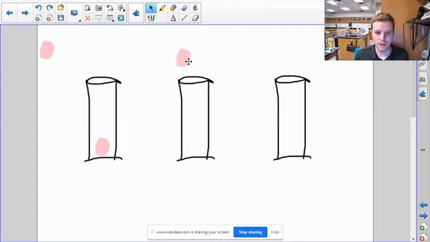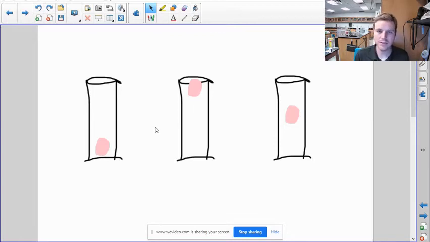Golf ball 2, I plopped it in here, and it just sort of sat at the top of the graduated cylinder. Golf ball number 3, I plop it in there, and you're like, is it going to sink or float? And it's sinking, it's sinking, it's sinking. What? It sank, floated? Wait, what? What the heck is going on here?